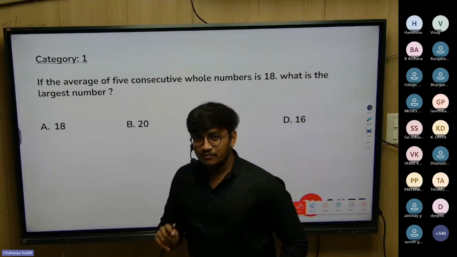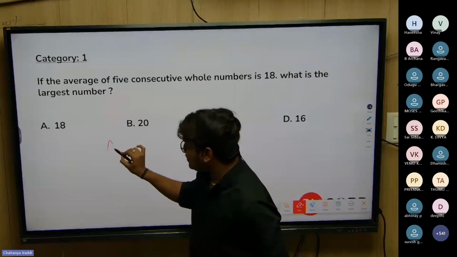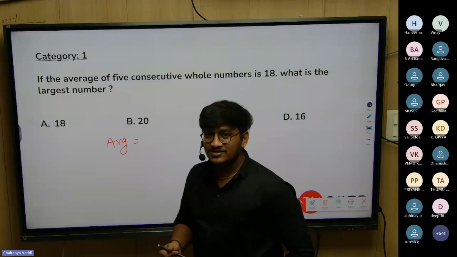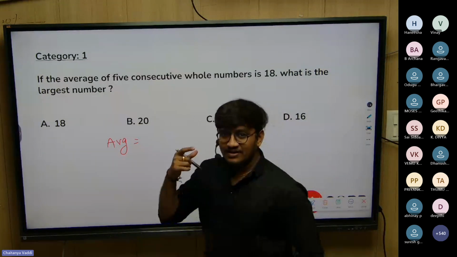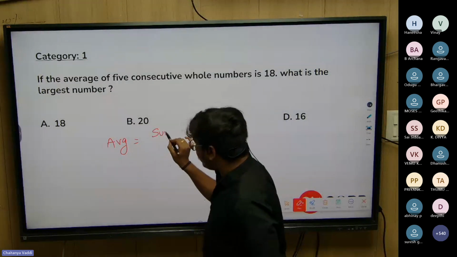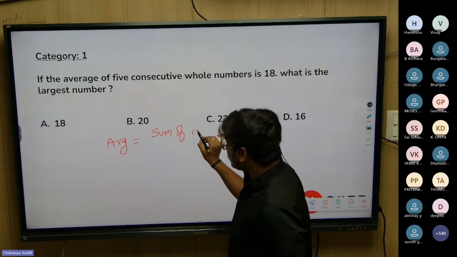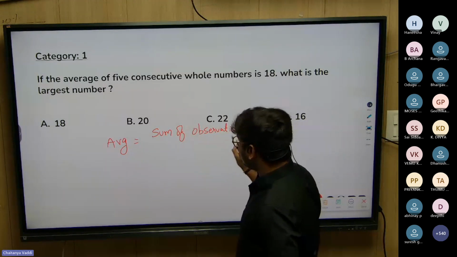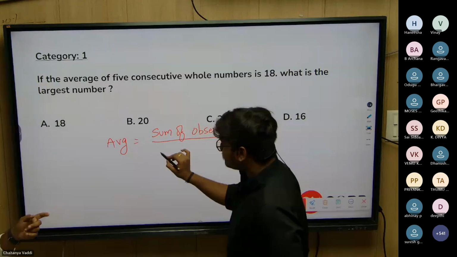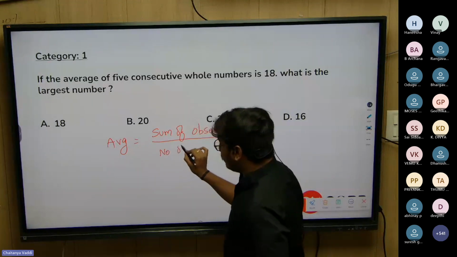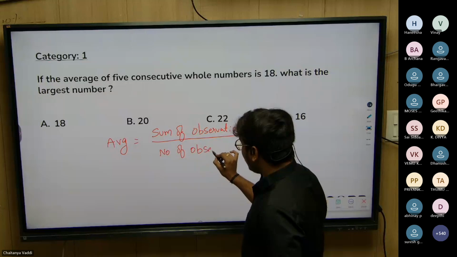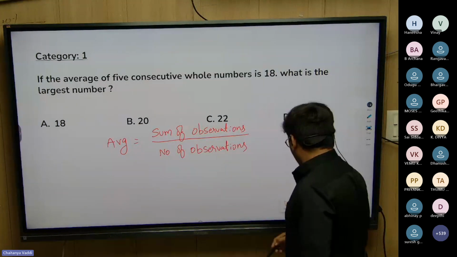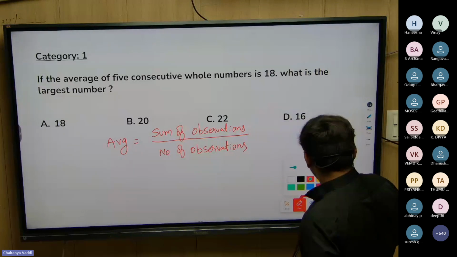As we all know the basic concept, when we see the concept of average, we remember the traditional formula: sum of observations divided by number of observations. This is the basic formula that we all know.